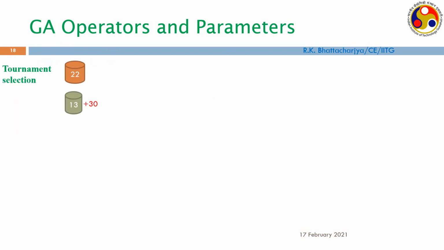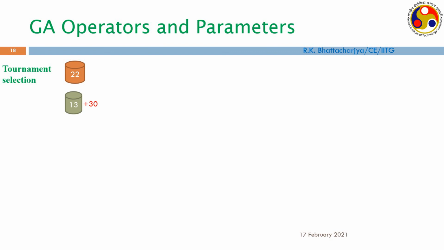So I am giving an example problem. Suppose I have a few solutions, say a total of 8 solutions, and out of these 8 I am taking 2 solutions at a time. Suppose I'm picking 2 solutions, and one solution gives the fitness value 22.